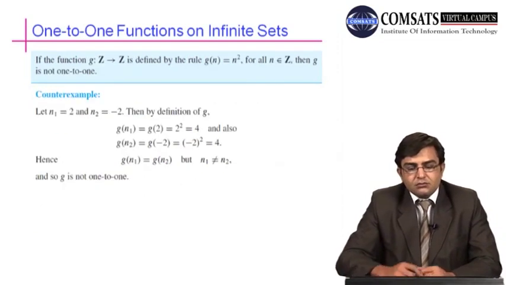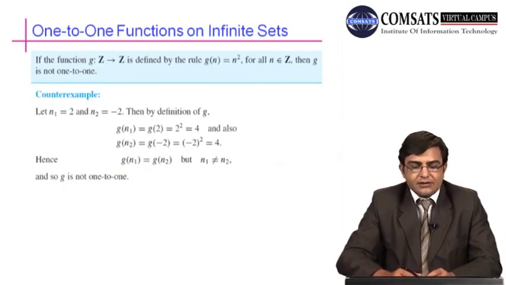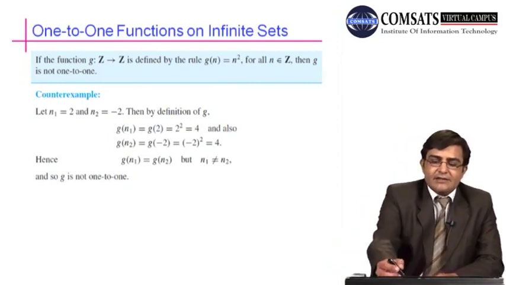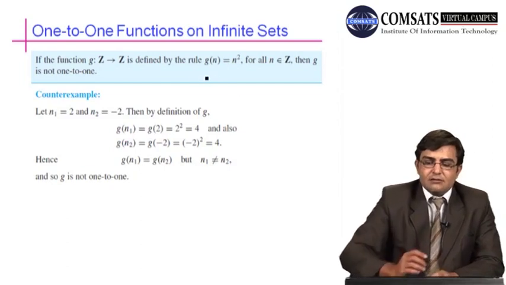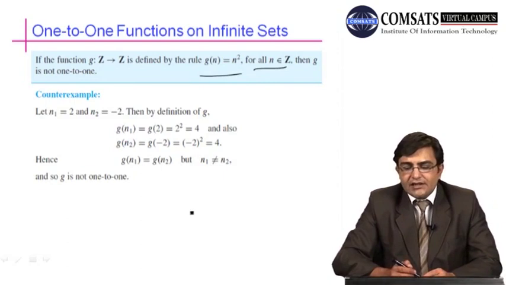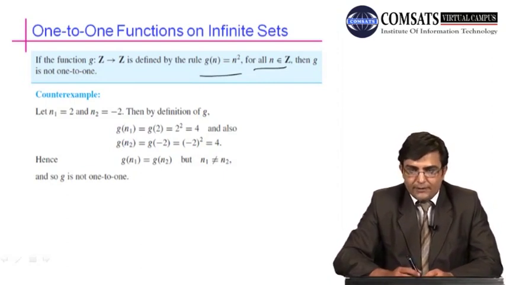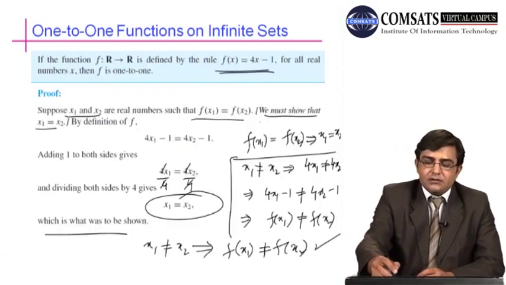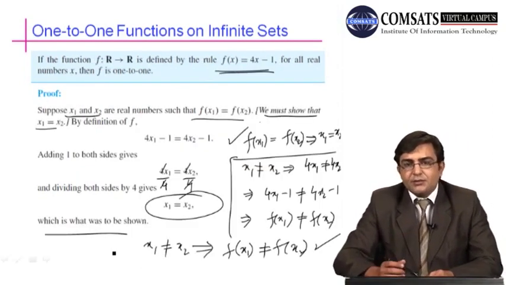Now we come to the second function, which is defined on Z, the set of integers, g from Z to Z, and is defined by the rule g of n is equal to n square for all n belongs to Z. Then g is not one-to-one. Why? Because we cannot prove this.